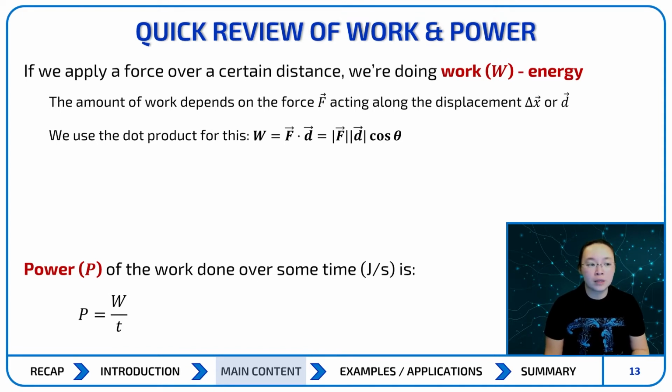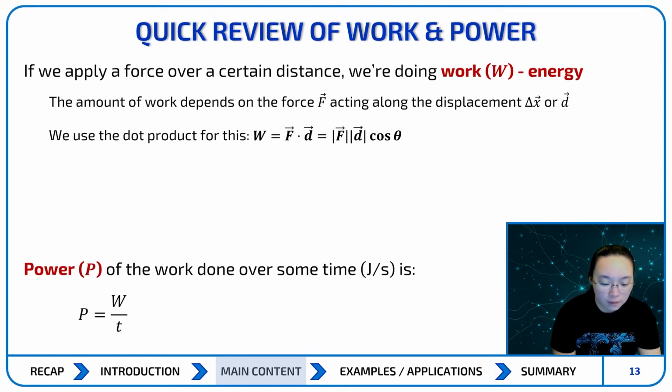So in terms of the equation for work, we use the dot product because we want to be able to determine how much of the force acting in the same direction as displacement will contribute to work. The difference between the cross product and the dot product is really just the use of cosine and sine.